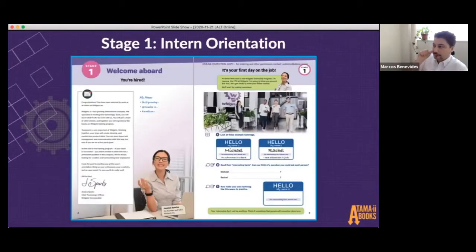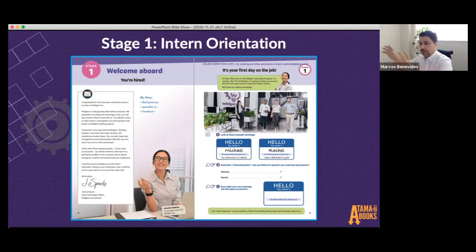So we have now a second edition of a course that we've been tweaking over the last 10 years or so. So I want to go a little bit through the stages of Widgets. And again, keep in mind that this is a themed course, and that the students are moving through this with purpose. It's not unit by unit, and then the next unit is something different. These units build on each other by complexity. You can see, for example, stage 1 is intern orientation, and basically the students are doing very simple tasks here.